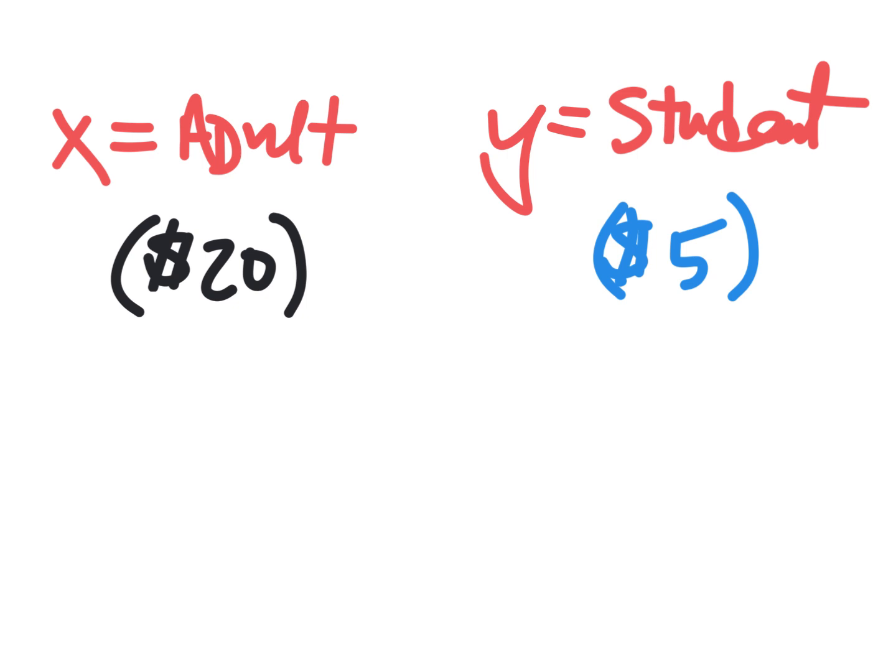All right. Now, let's say I said the theater holds 500 people. You can write an equation for that. I'm going to pause for a second. Just don't overthink this. All I said is that the total number of people, which is adults and students, is 500.